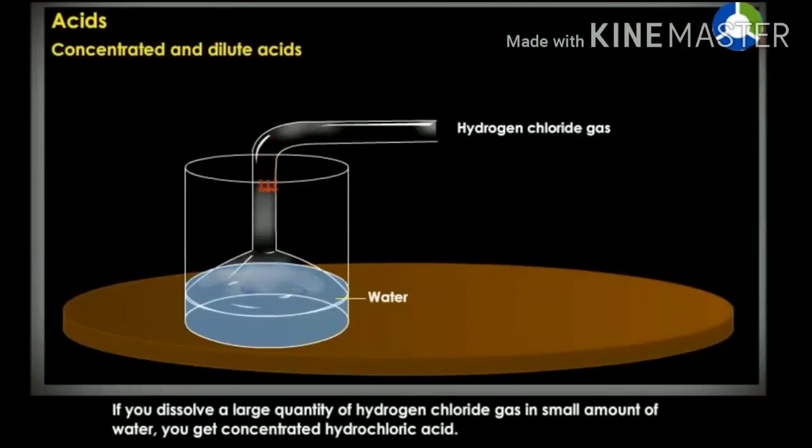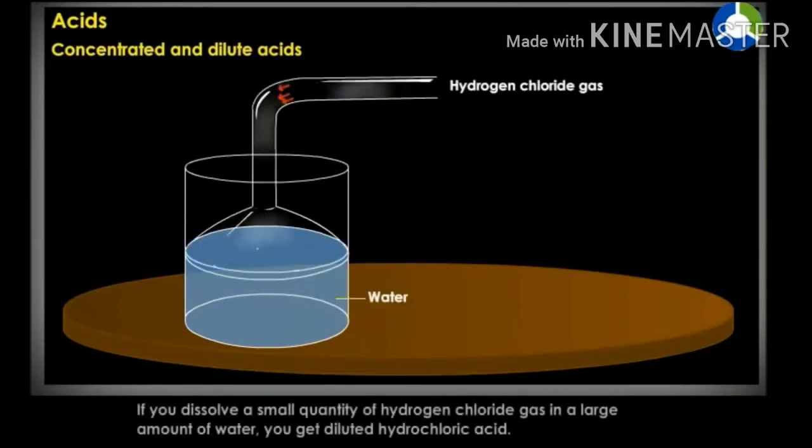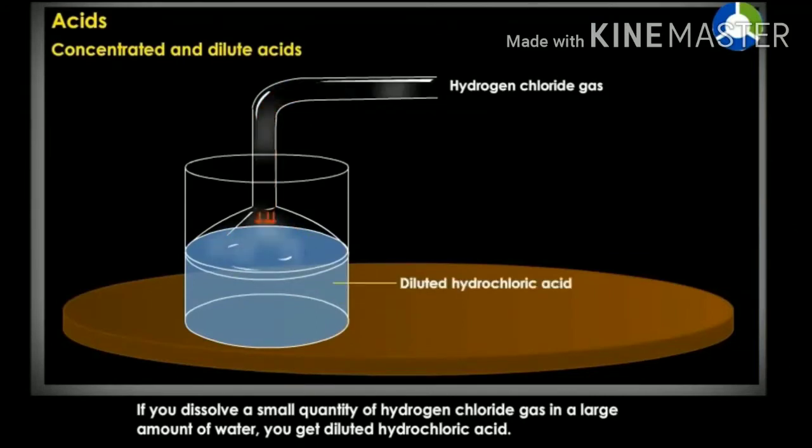If you dissolve a large quantity of hydrogen chloride gas in a small amount of water, you get concentrated hydrochloric acid. If you dissolve a small quantity of hydrogen chloride gas in a large amount of water, you get diluted hydrochloric acid.